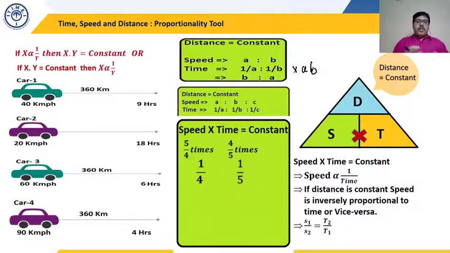Whenever the product of two variables is constant, if one variable increases by 1 by 4, the other decreases by 1 by 5 to keep the product constant. I hope this is fine. So an increase by 1 by 4 is compensated by a decrease by 1 by 5 because their product is constant.